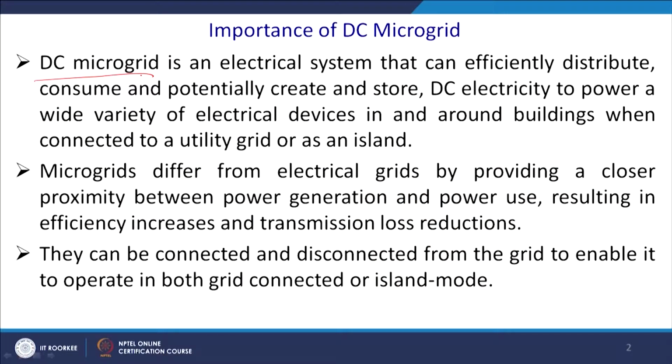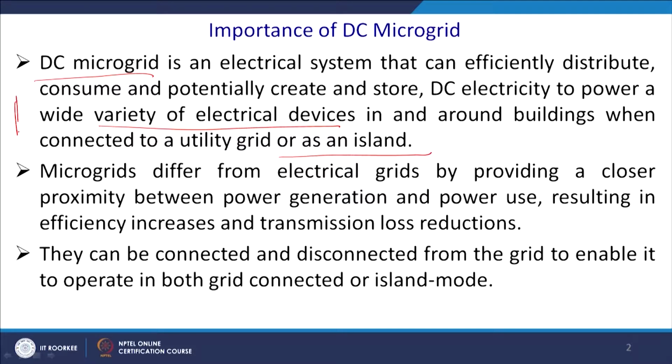That is why the DC microgrid is important: it is an electrical system that can efficiently distribute, consume, and potentially create and store DC electricity to power a variety of electrical devices in and around the building, when connected with the utility grid or in an islanding mode.